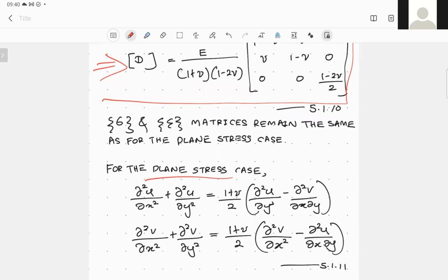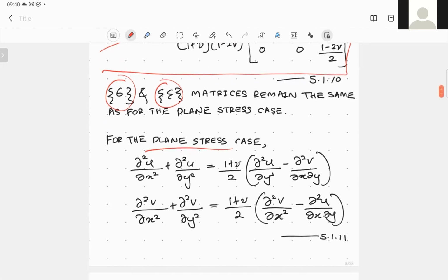We know that the corresponding stress matrix and of course the strain matrix are kept intact, or they remain the same for plane stress conditions. So let's consider the basic partial differential equations for the plane stress case.